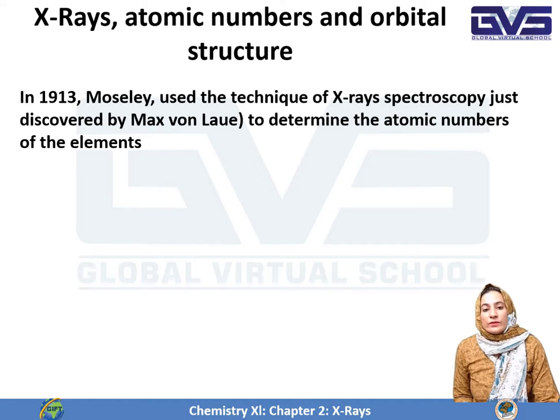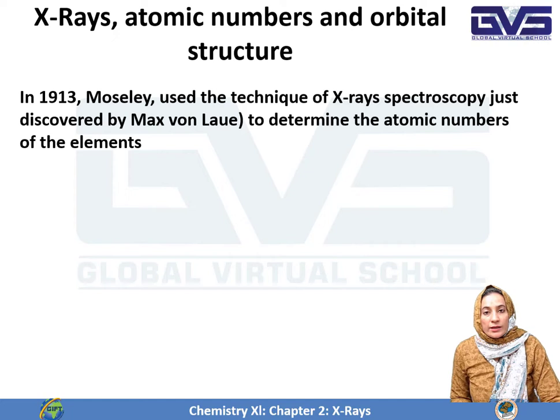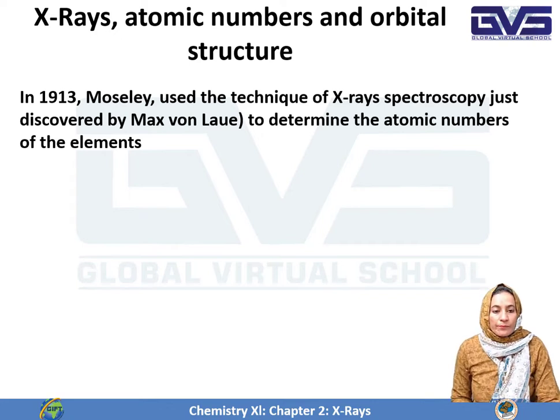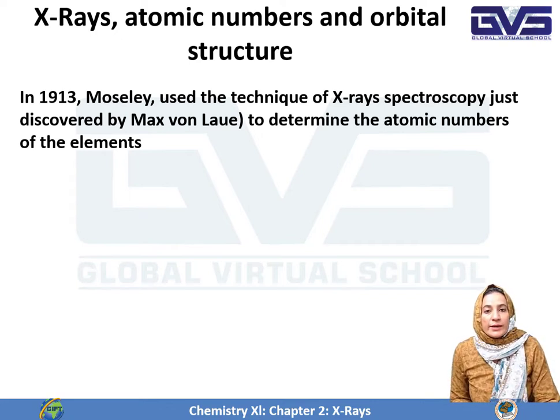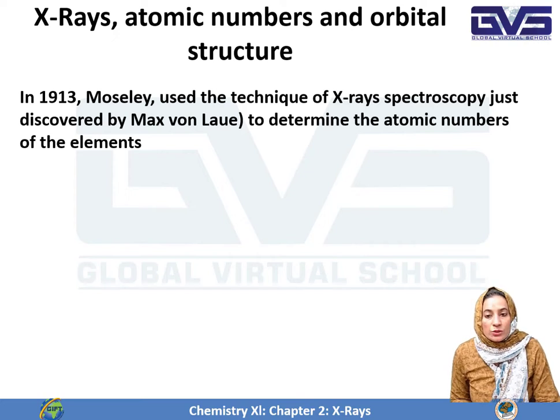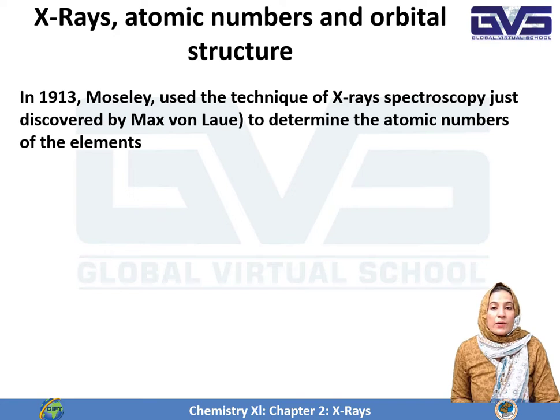And with the help of these X-rays, atomic number and orbital structure, Moseley calculated the atomic number of elements with the help of these X-rays and their frequency. In 1930, Moseley used the technique of X-ray spectroscopy. This technique was discovered by Max von Laue.